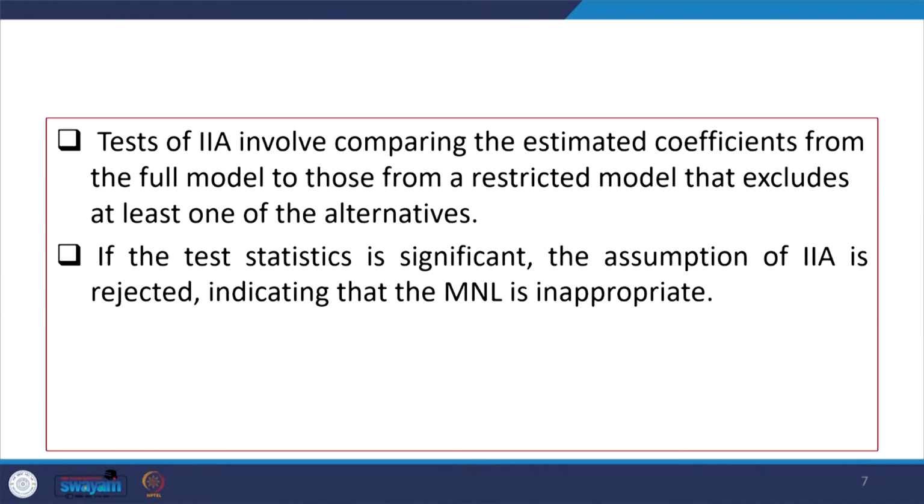If the test statistic is significant, then the assumption of IIA is rejected, indicating that MNL is inappropriate. The null assumption is that there is no difference; here we are saying there are differences. If the test statistic is significant, the assumption of IIA is rejected, and this means the MNL which you have taken is not appropriate, because the assumption of independence is no longer there.